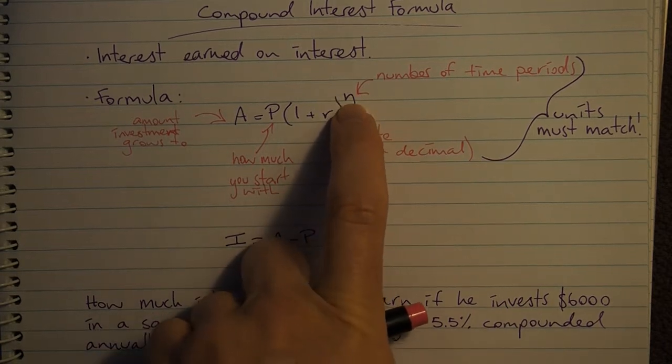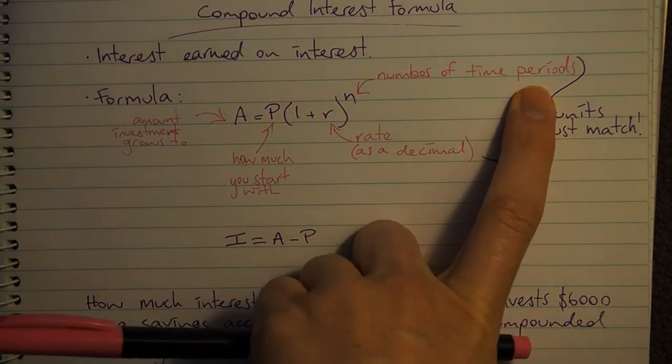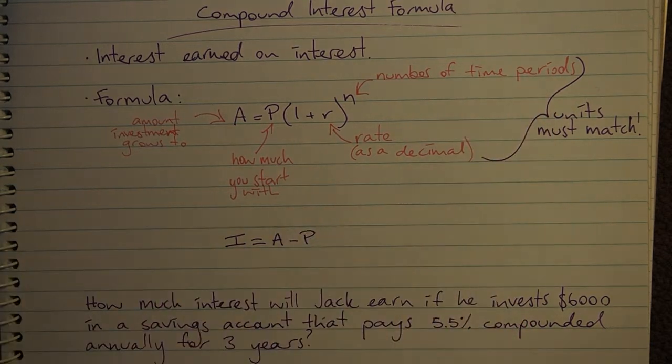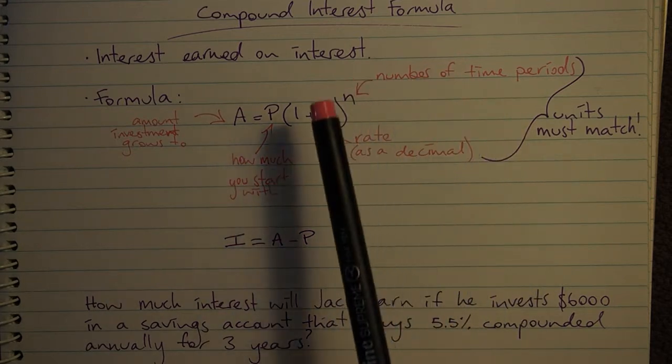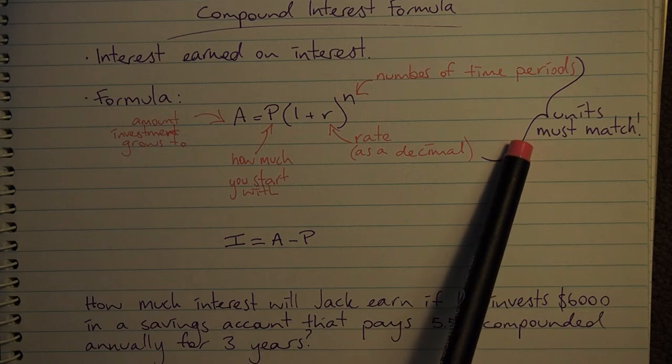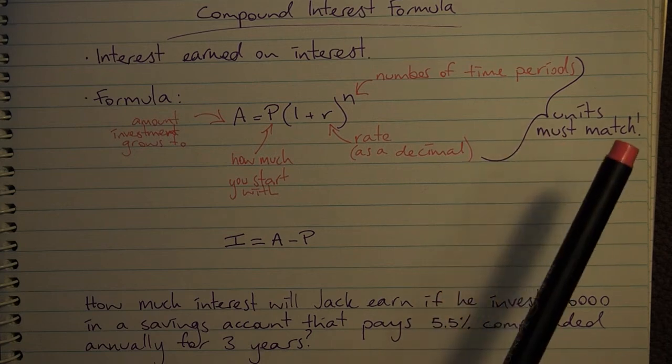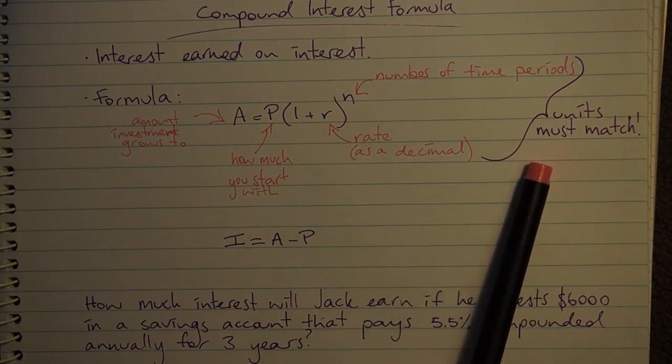And then N is the number of time periods that we're talking about. So you might be told an investment is growing over 3 years, so our time period would be 3. However, when we're given our time periods and our rate, our units must match. If they don't, we need to amend them to match.